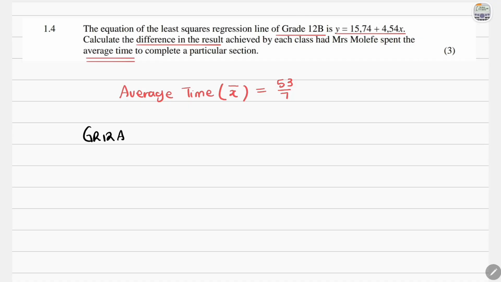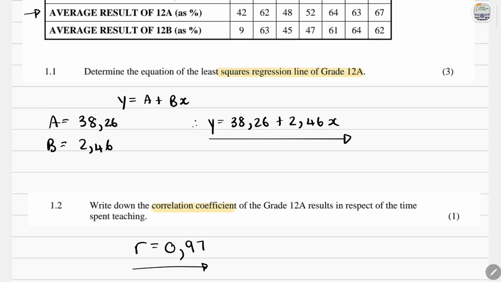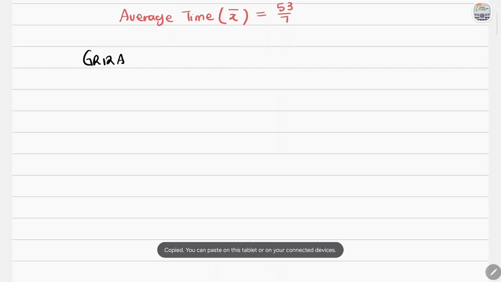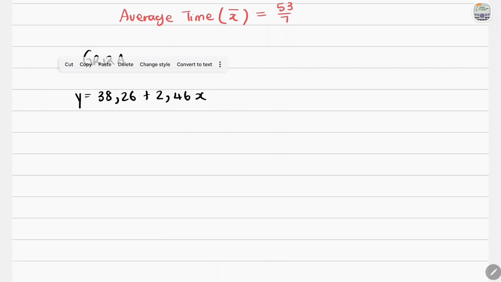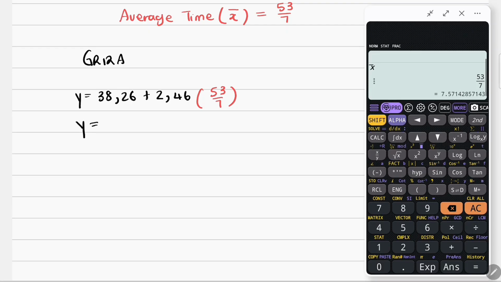That would be the result had she spent the average time teaching them. Okay, so this is the equation that we're going to take, and in place of x, we substitute 53/7. Let's see the result here. Okay, so 53/7, I'm not rounding off yet. And let's see what the results are. You can still do normal calculations here, it'll be fine, and your data is still going to be recorded.